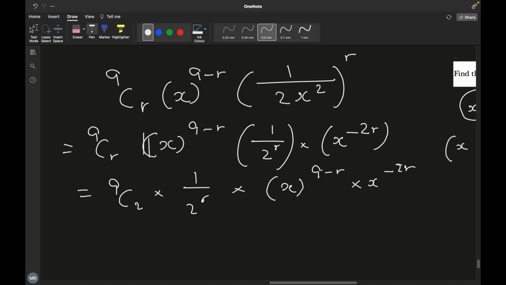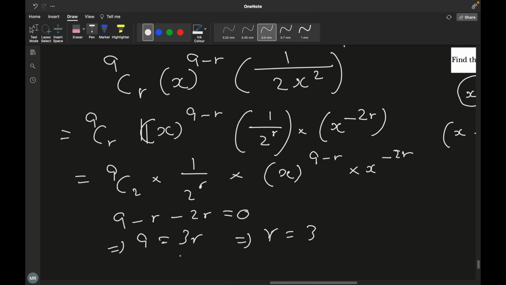We know that this will be 0 because it's independent of x. And if we have this, we can write this as minus r. 9 minus r minus 2r is 0 because of the property of indices that you just add these two. So this is going to be 9 equals 3r, which implies r equals 3.